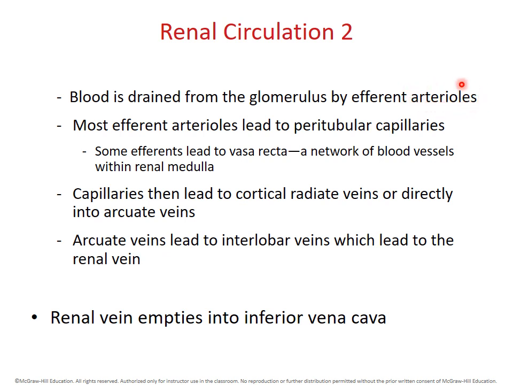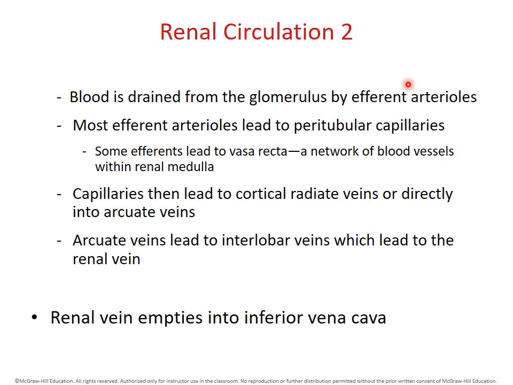And so what this means is, through vasoconstriction and vasodilation, we can alter the size of these arterioles. If we vasoconstrict these arterioles, in other words, make them smaller, and by the way, the efferent arterioles are smaller than the afferent arterioles to begin with anyway, but we can make them even smaller through vasoconstriction.